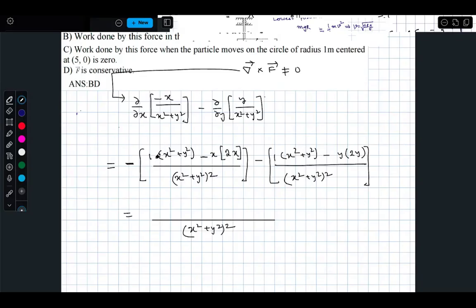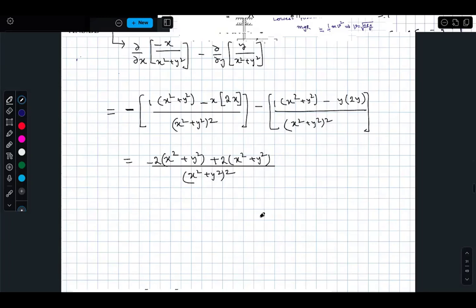There is a minus. Now what is coming out in the numerator is x square plus y square minus 2 times, this is a plus 2x square plus 2y square. So what is happening for us here? 0. Are we clear on this?